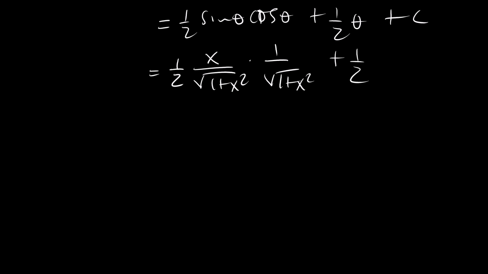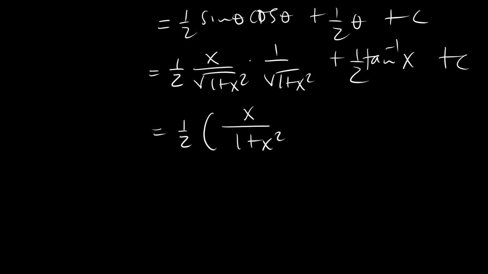In other words, since our problem is a half sine theta times cosine theta plus a half theta plus c, it means we have a half x over the square root of 1 plus x squared, times 1 over the square root of 1 plus x squared, plus a half. Since x is equal to tangent of theta, theta is the arctangent of x. So this becomes a half, we can pull the half out, x over 1 plus x squared plus the arctangent of x plus c.